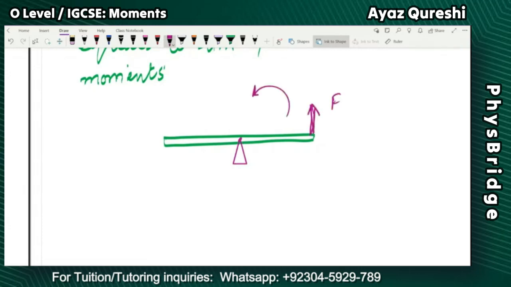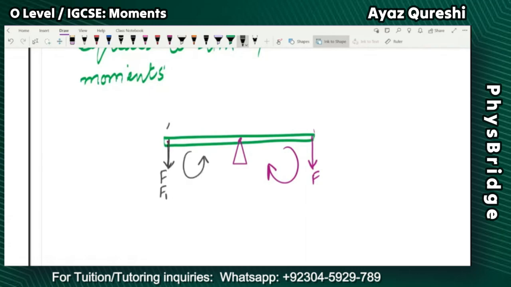And if I draw another force here, that force will be causing this body to rotate in the other direction. So this is your F1, and the distance from the pivot to this point is your D1. And this force, the purple one, is your F2, and that distance is your D2.